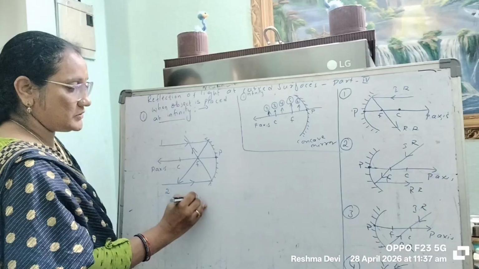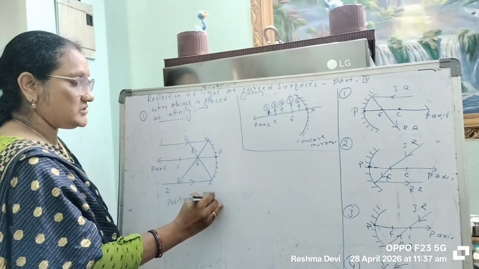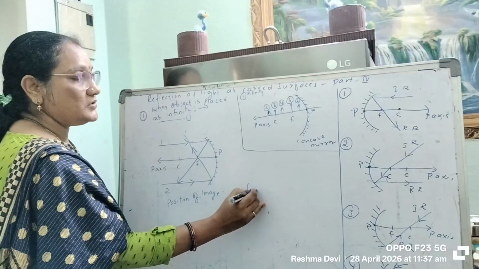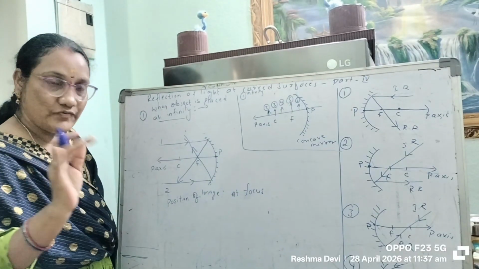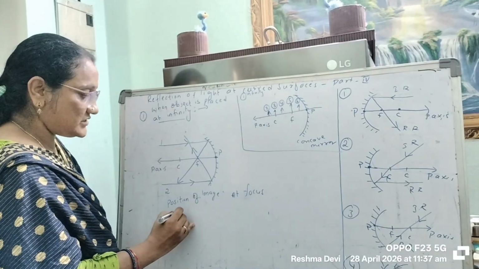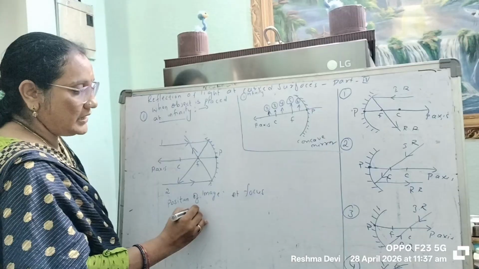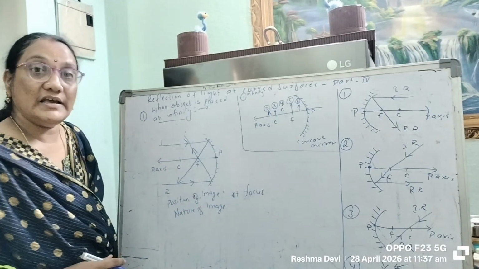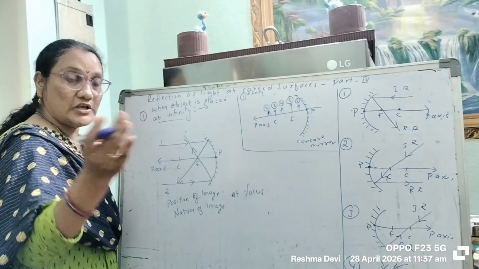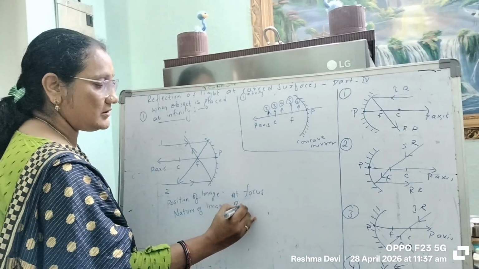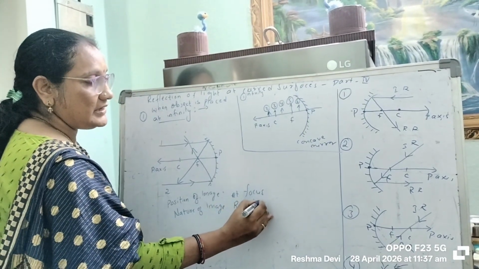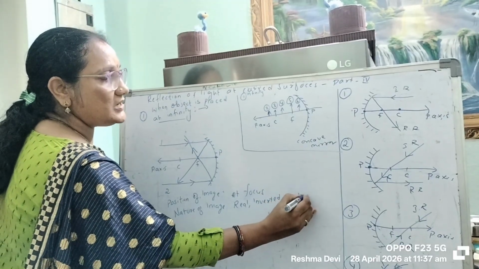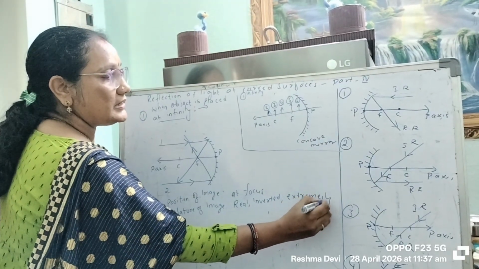Now, position of the image: you say at focus. Position of the image is at focus. Next, nature of the image. For the concave mirror, it is real, inverted, extremely diminished.